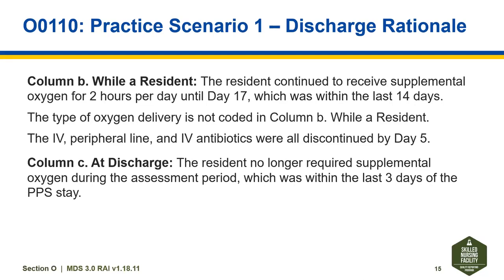So you'll notice a lot of the sub-elements are not coded for that middle column B. The IV peripheral line and IV antibiotics were all discontinued by day 5, so these no longer applied. So column C, at discharge, the resident no longer required supplemental oxygen during the last 3 days of the PPS stay, since the oxygen stopped at day 17, and the discharge occurred 4 days later on day 21.